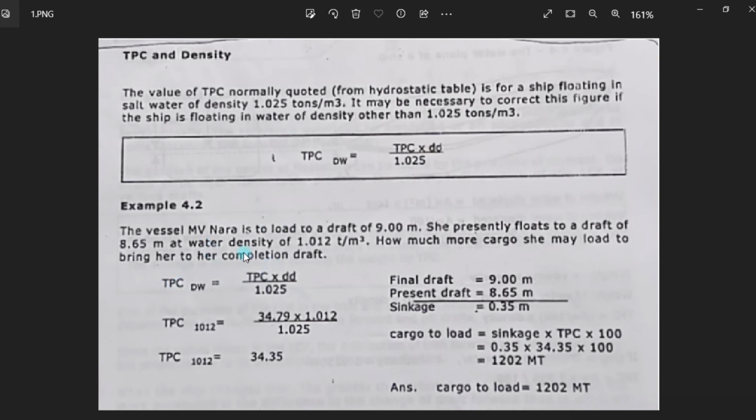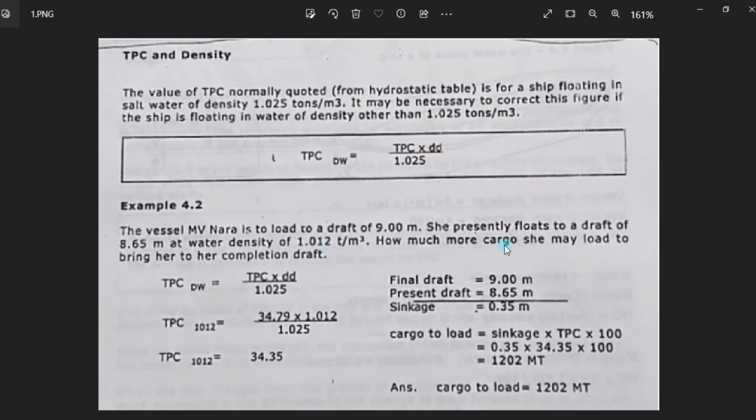So the vessel Nara is to load a maximum of 9 meters, and she has a present draft of 8.65 meters in a density of 1.012.